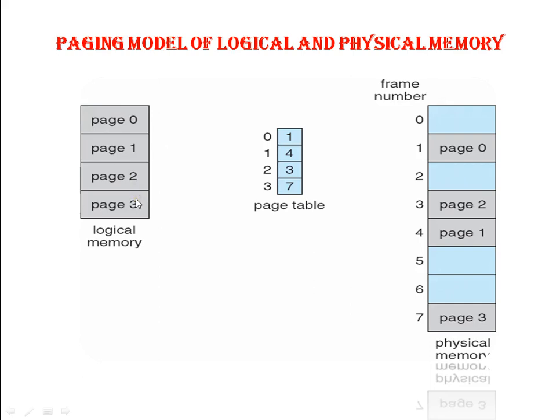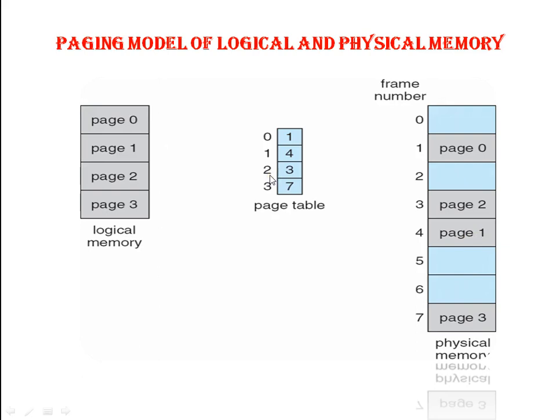So 4 pages are there and all these pages are stored inside your physical memory. Your page table will give the mapping. It will tell where exactly each and every page is stored. For example, page 0 is stored in frame number 1. Next, page 1 is telling 4; if I check frame number 4, page 1 is stored.